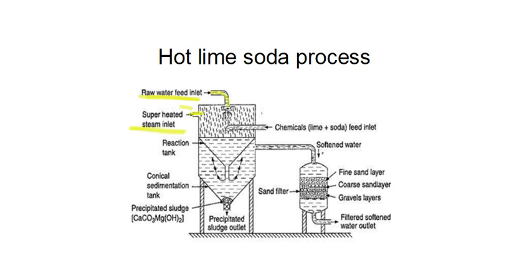So the steam is provided from one side, and this steam raises the temperature of water. On another side, chemicals are added, that is lime and soda. So this is a feed inlet for lime and soda, and coagulants are not added. They are not required. A conical shape is there, so the funnel like shape inside helps the water to go through a funnel and then it moves outward.